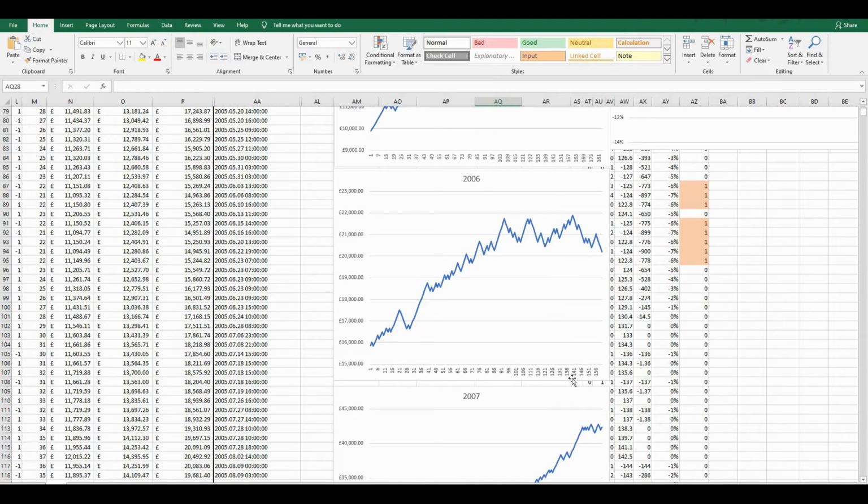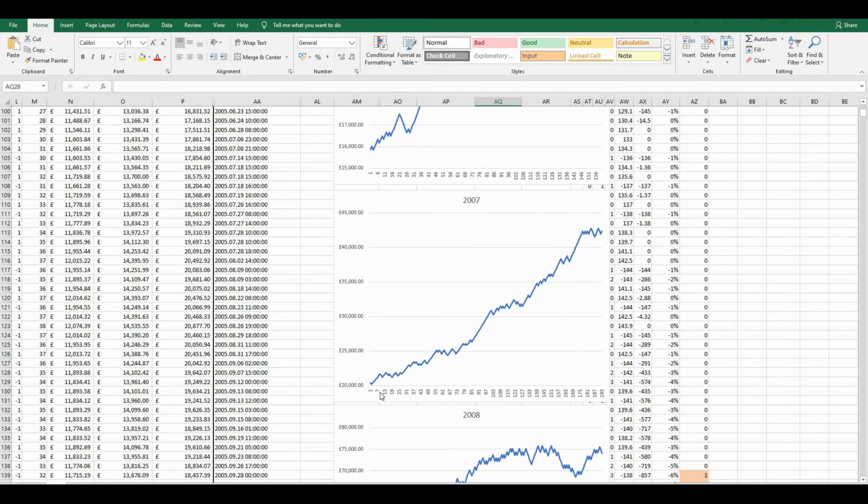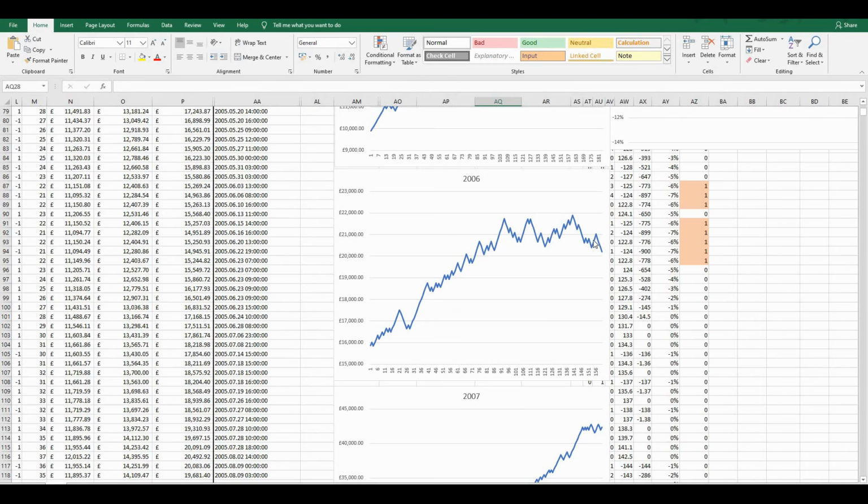So this was, say, 136 trades, so that's 20 trades, and then it's taken us another 8 trades to break above that. But this is based on number of trades, it isn't based on time period. So this here could be 3 months, whereas this small area here could be 1 month. It's not based on the time restrictions.